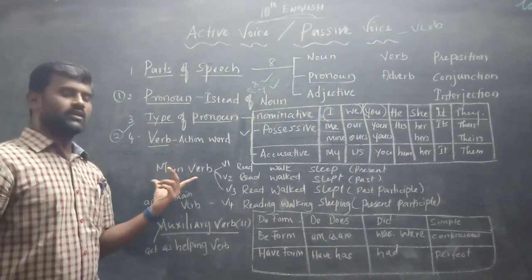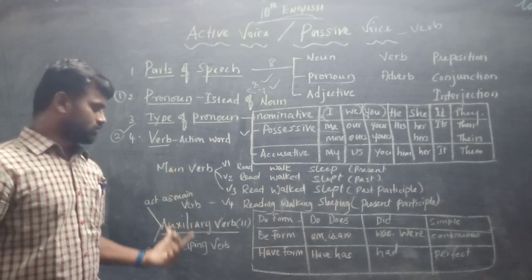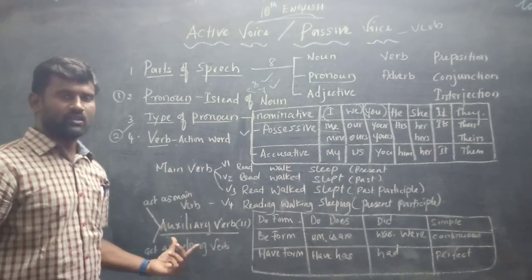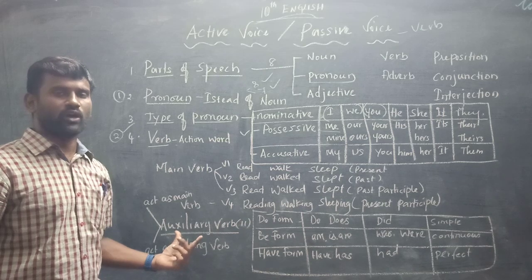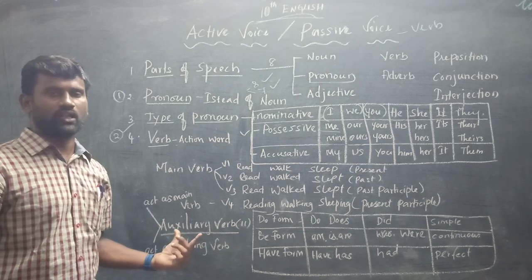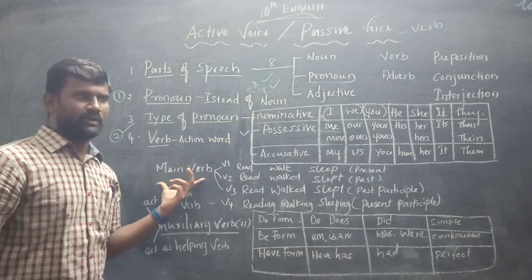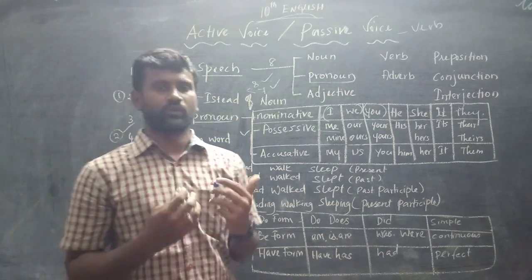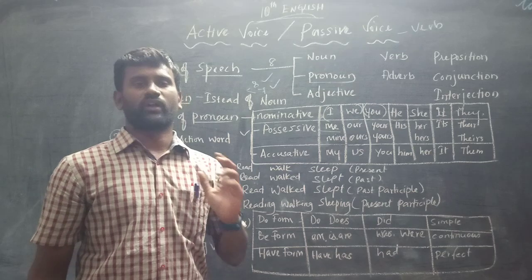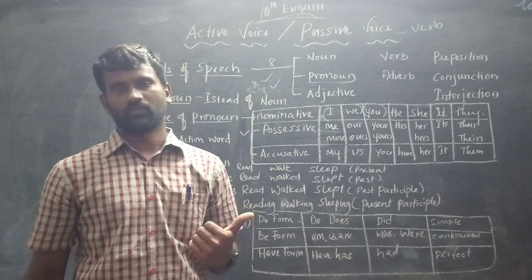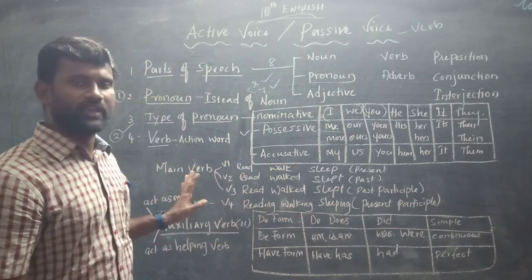And the verb is divided into two that I have given here, and there is also another one, modal auxiliary, that we will be learning later on. So what is the main verb? Main verb is nothing but whatever we learn from the dictionary, whatever we read from the book, and whatever actions we do. Those are called main verbs.